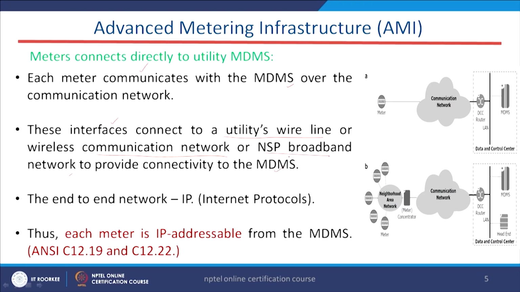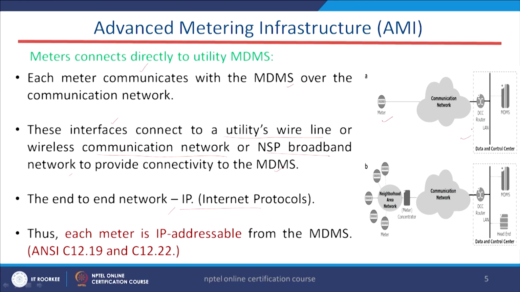And the third one: there may also be a communication network of IP type, Internet Protocol. So through this type of communication system, the smart meters are also connected to the utility side.